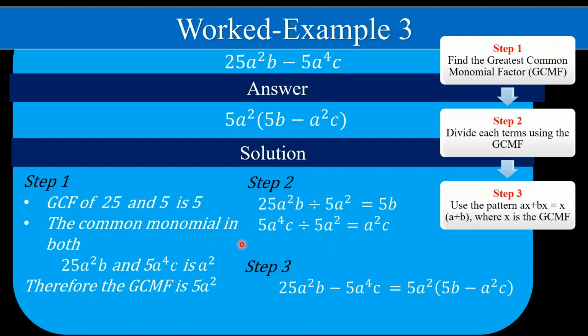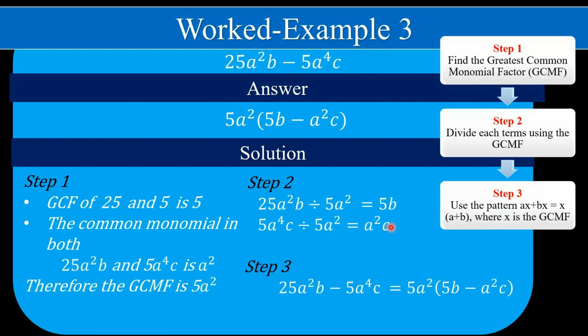Now, the idea here, if we divide the exponent, we are actually subtracting it, given that we have the same base. So 4 divided by 2, in the realm of the law of exponents, we are actually subtracting it. So 4 minus 2, we have 2.